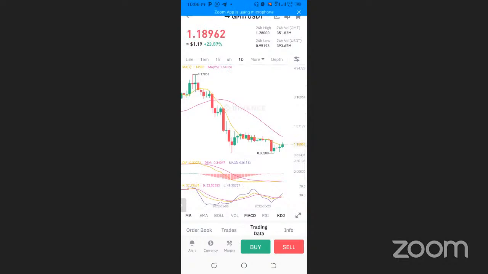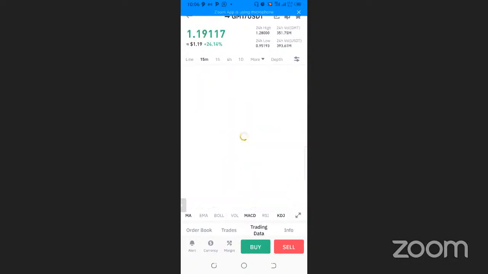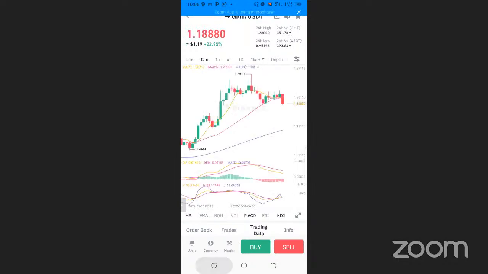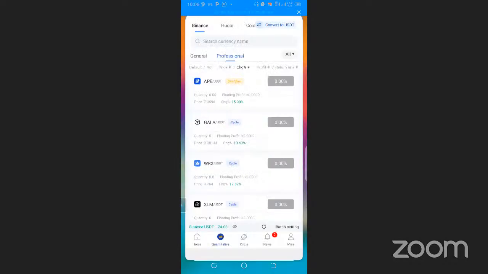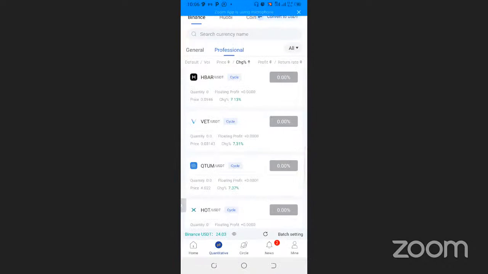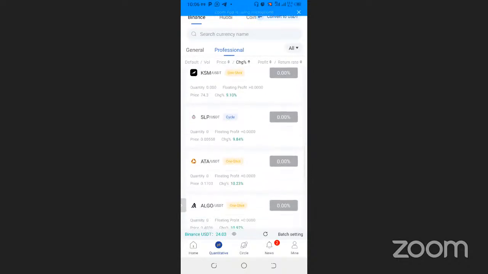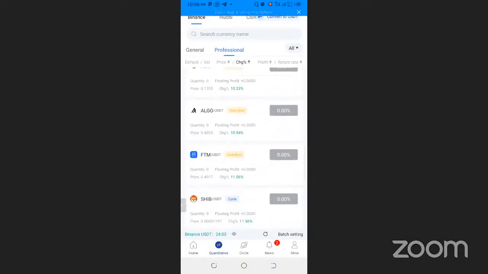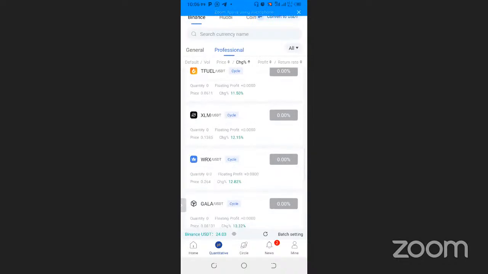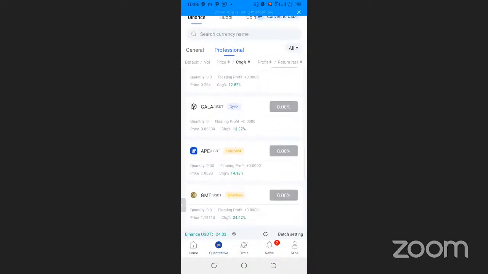So we need to be patient. The market is coming down back again in 15 minutes. So we'll take the last trade for this moment. What will be our last trade at this moment? What will be our last trade, gentlemen?